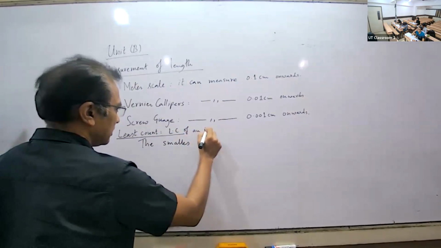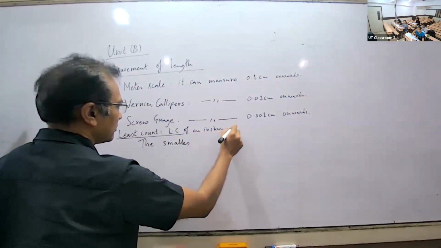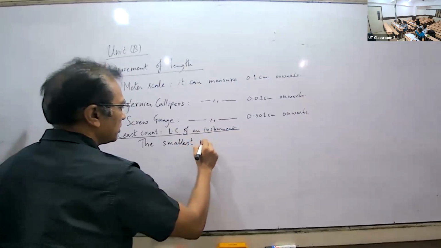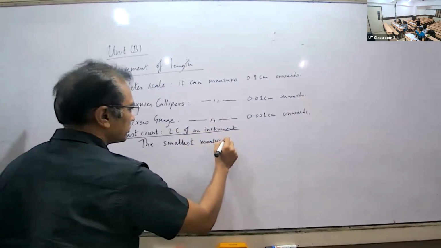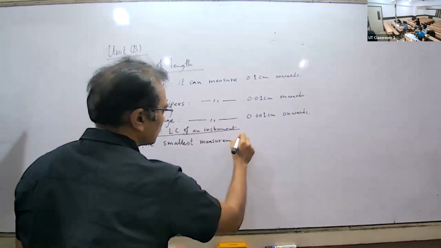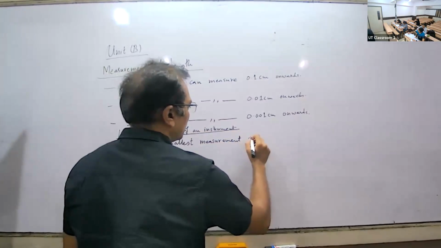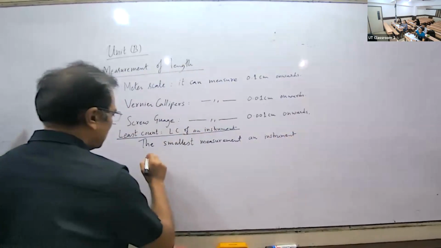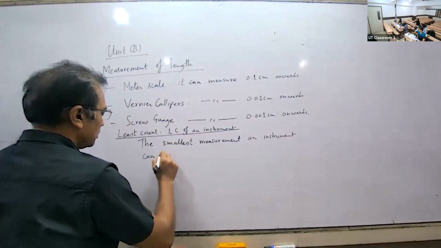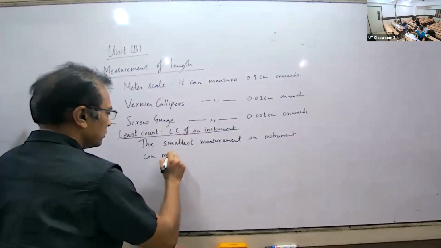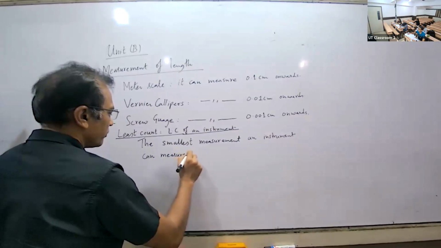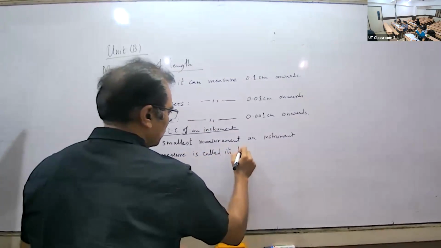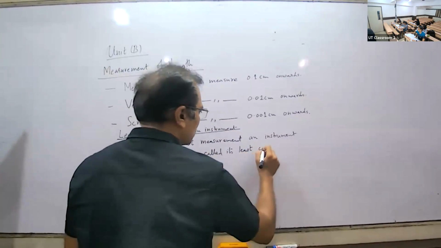The smallest measurement an instrument can measure is called its least count.